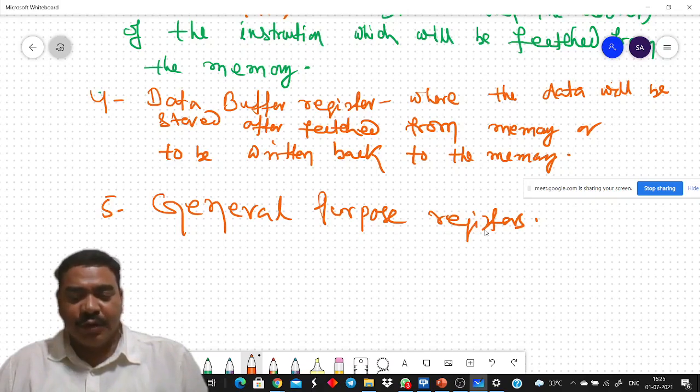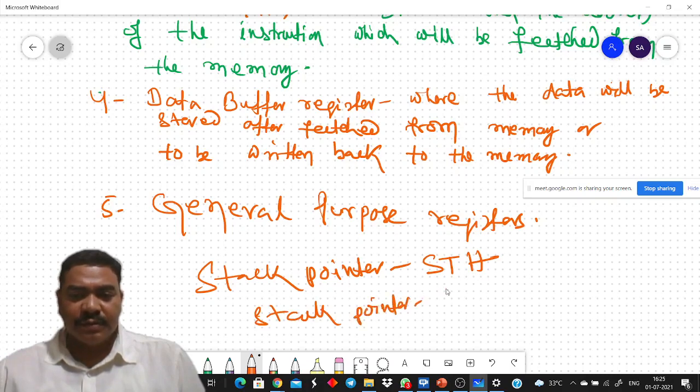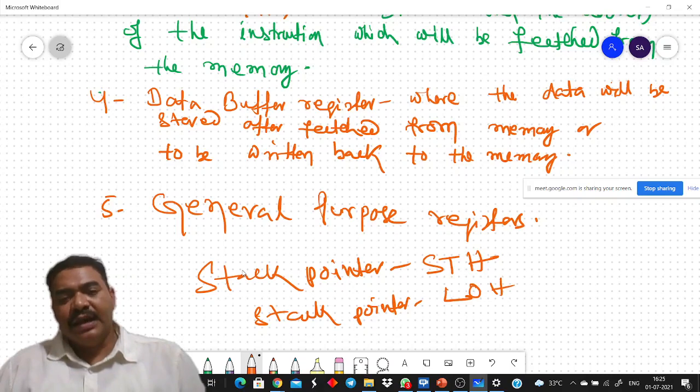Whatever data storage is required for the intermediate operation will be stored in these general purpose registers. Apart from this, there are special purpose registers like stack pointer high and stack pointer low. So like this, a number of registers are there.